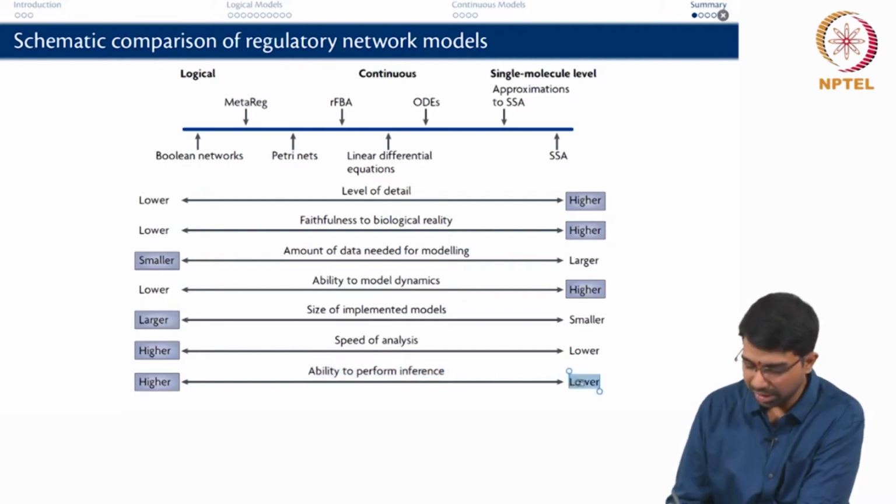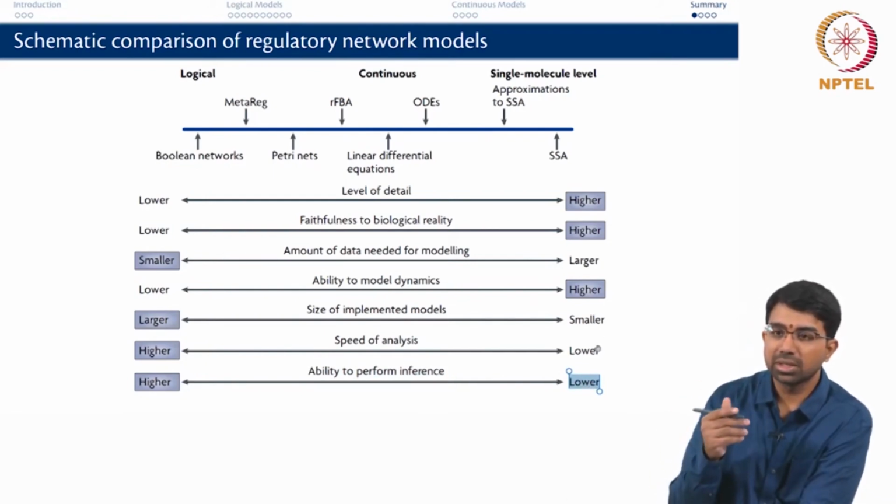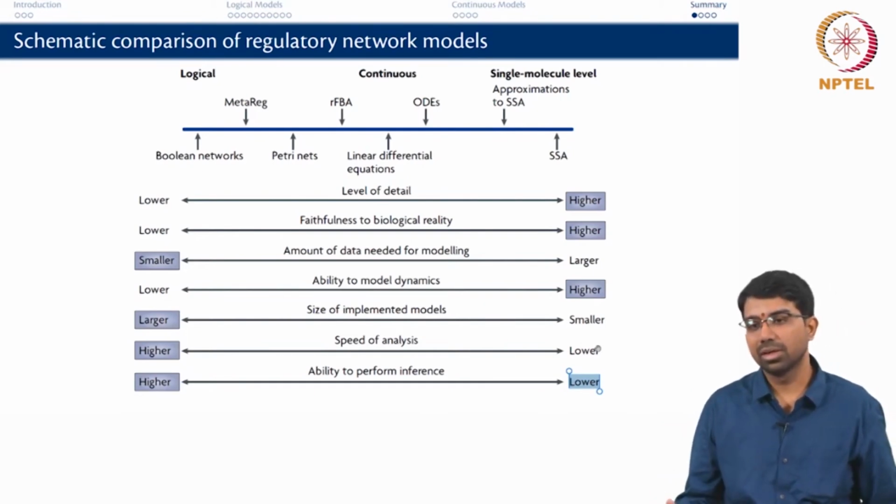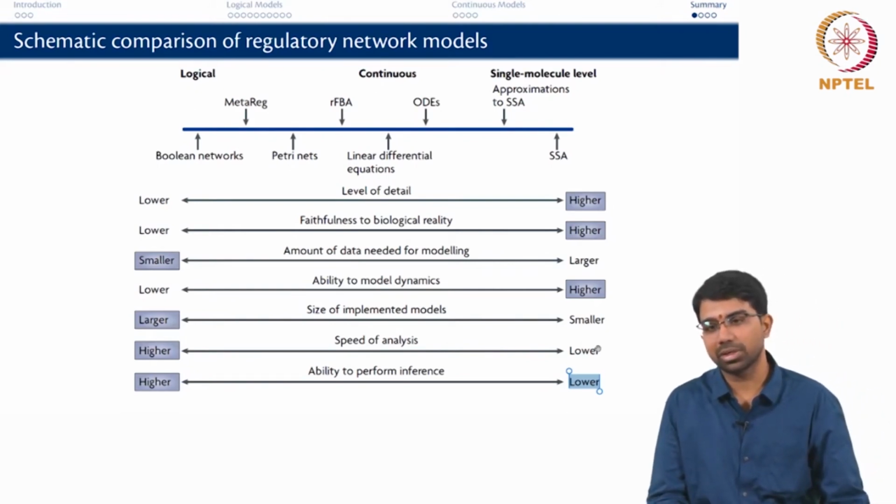You can make very accurate predictions about a single small system, but if you are looking at a system level inference, the ability to do that really declines with the size of the system; the smaller the size of the system, lower is your ability to make these kinds of predictions.